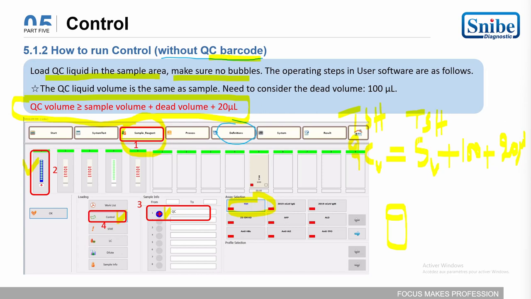So the sample volume for that parameter plus the dead volume, which is always 100 microliter, plus an increment volume to be sure our volume is enough and the pipettor will not pipette the bubbles, the air or the bubbles.